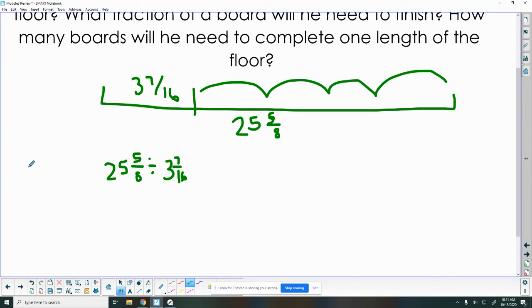So I need to do 25 times 8. Well, I think of 25 as quarters, and I can count by quarters 8 times. So 25, 50, 75, 100, 125, 150, 175, 200, plus 5 more is 205 over 8.